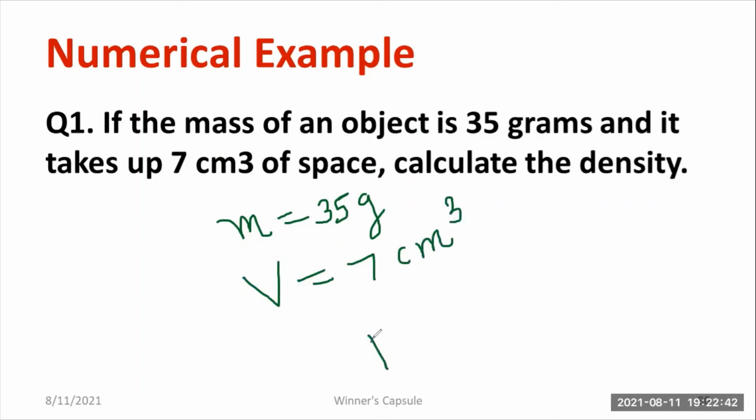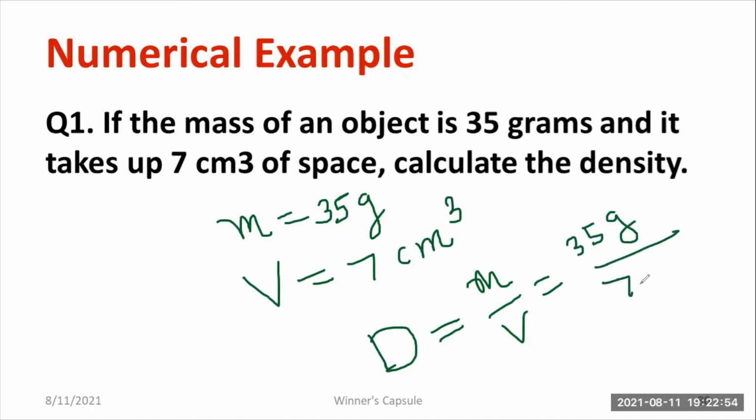Calculate the density. So density is equal to mass by volume. Mass is 35 gram divided by volume 7 centimeter cube. Mass per volume. So the answer is 35 by 7 is equal to 5.